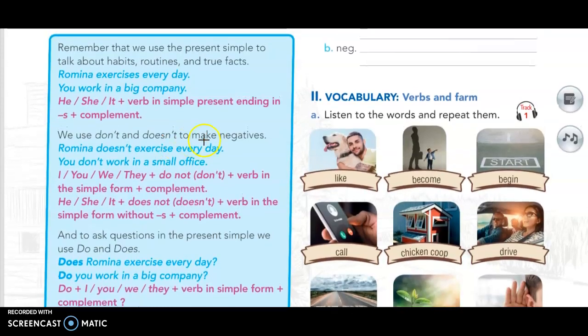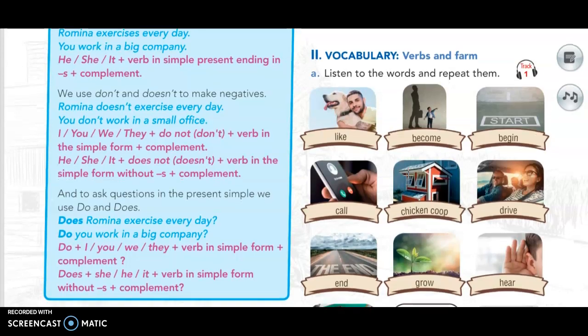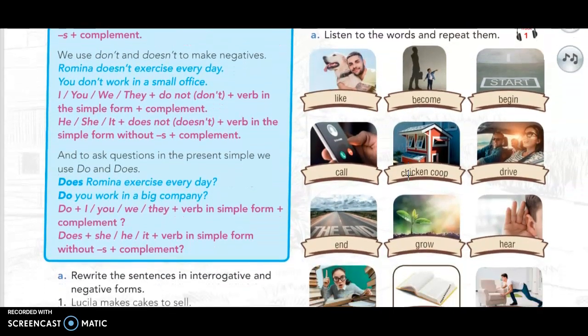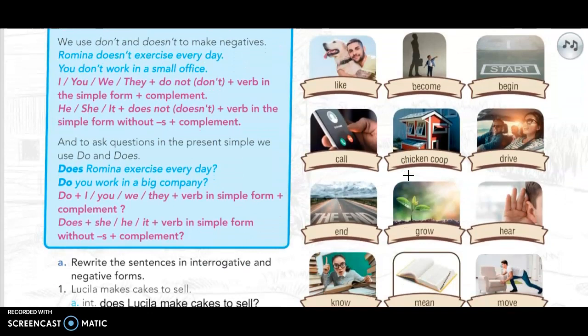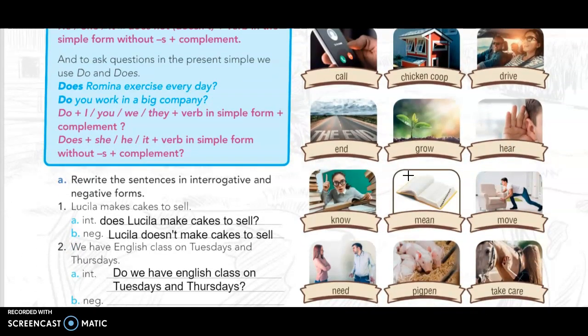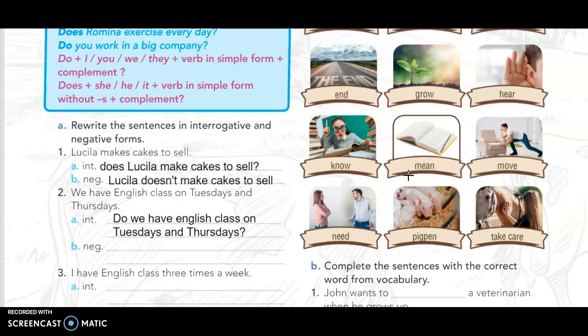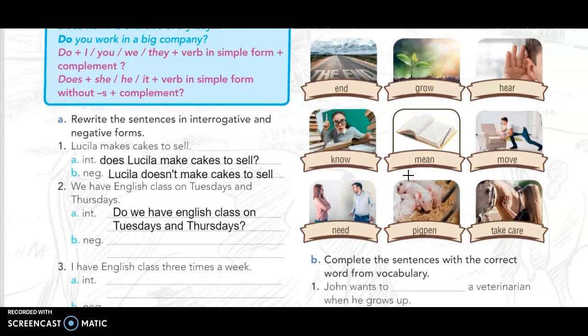Like, become, begin, call, chicken coop, drive, end, grow, hear, know, mean, move, need, pigpen, and take care.